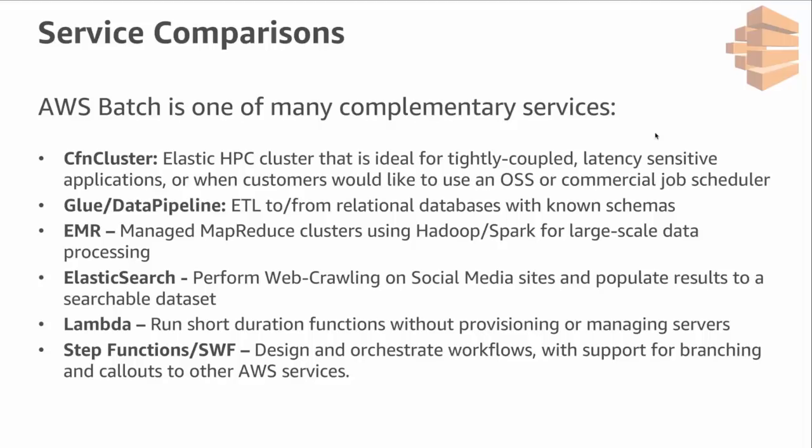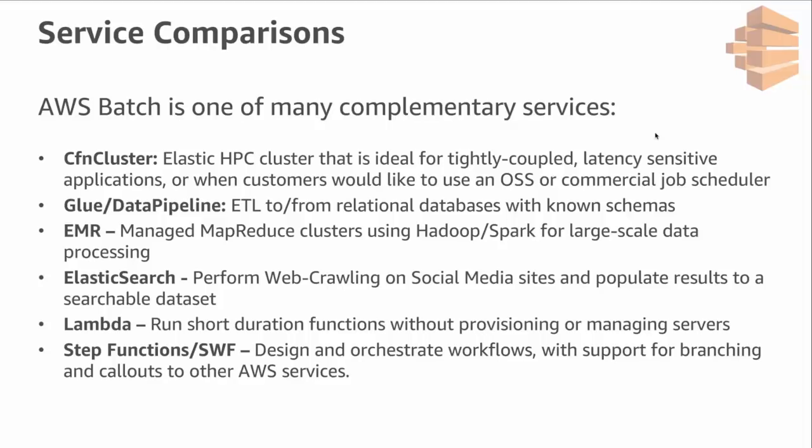There's also Glue and Data Pipeline, which are ETL services that help with moving data to and from relational databases with known schemas. There's Amazon EMR, Elastic MapReduce, which is managed MapReduce clusters running Hadoop, Spark for large-scale data processing. There's Elasticsearch, which allows you to perform web crawling on social media sites, for example, and populate results to a searchable data set. There's Lambda, right?